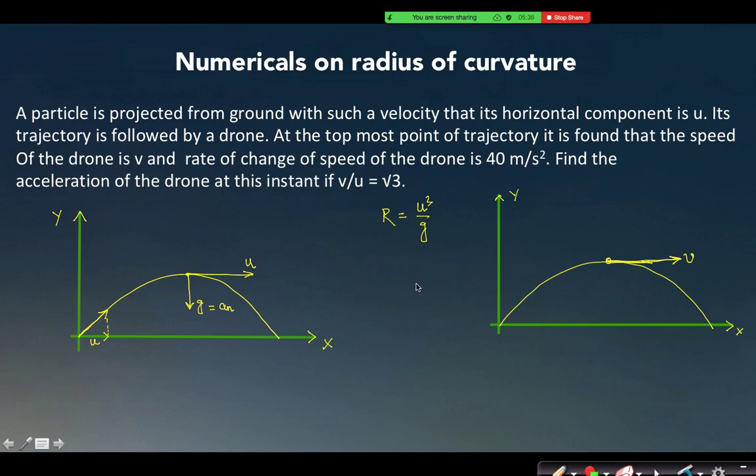Now, can I also say that the radius of curvature at this instant, from the motion of the drone, can be written as v square by g? Is that statement true or false?